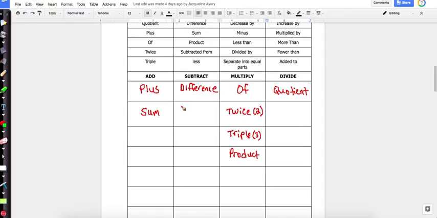Subtracted from, subtraction. And go ahead and put a star in this box, and that's going to have some meaning later on. Less, subtraction. Decrease by, also subtraction.